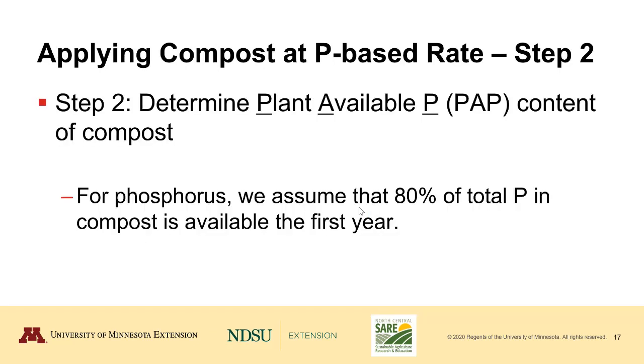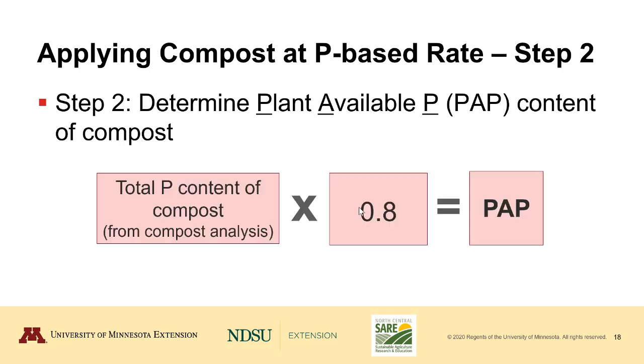Moving on to step 2, we have to determine the amount of available phosphorus that we'll get in the first year from the composted manure. And as mentioned, we assume that 80% of total P in the compost is available the first year. So what you need here is your compost analysis, and I believe Chrissy's talked about that previously. From there, you'll find a total P value, and usually in the Midwestern United States region, your analysis will report phosphorus as P2O5, but if it's not, you'll need to convert it to P2O5.